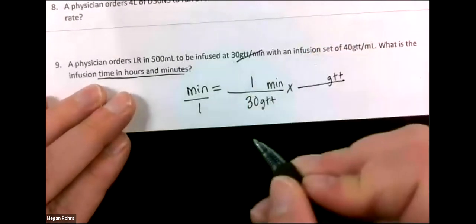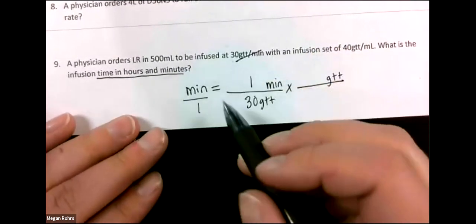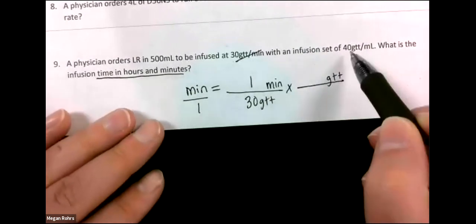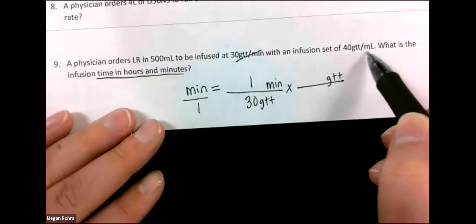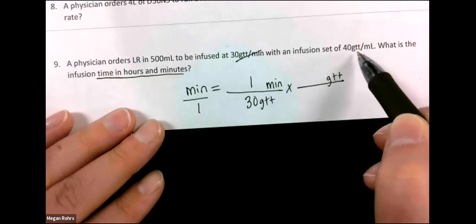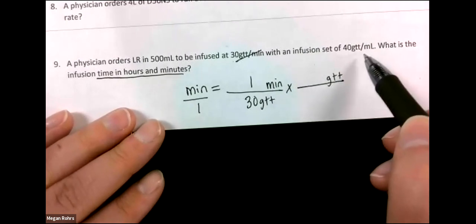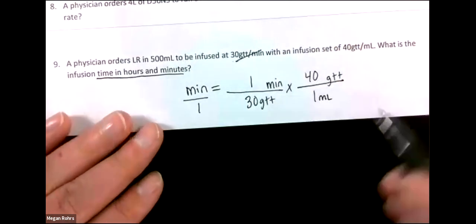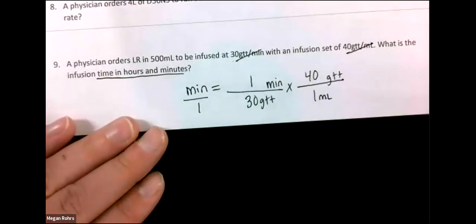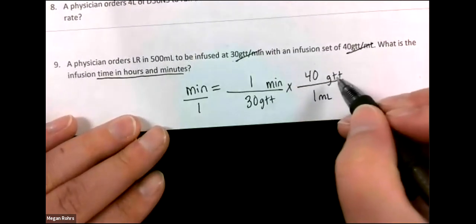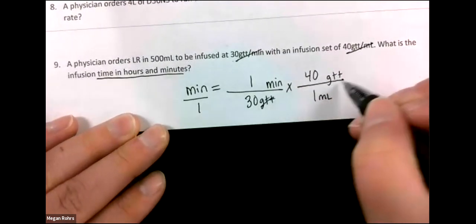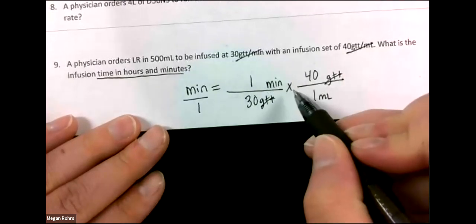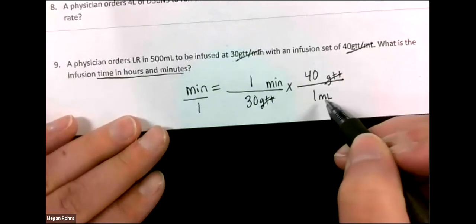I've already used drops per minute. So the only other thing I know about drops is 40 drops per 1 milliliter, which is my infusion set or my drop factor. So I have 40 drops in 1 milliliter. So I've used that one now. When my drops cancel out, I'll be left with minutes per milliliter, right?